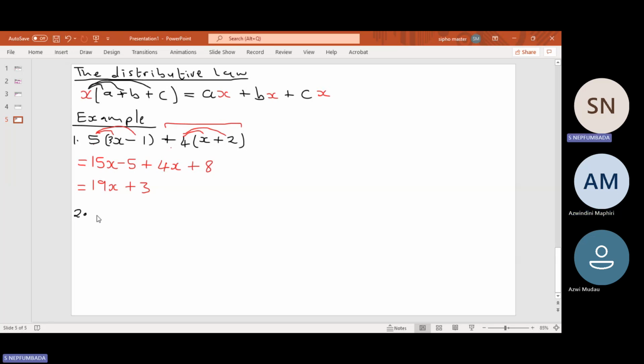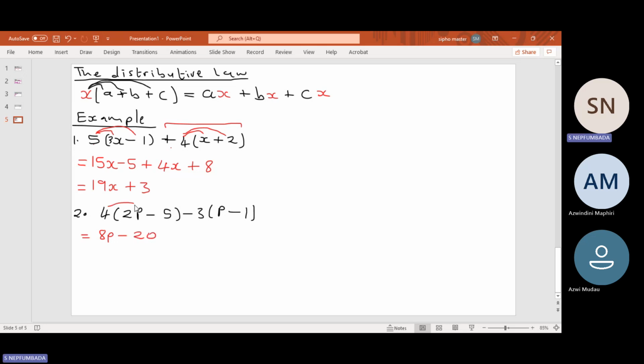Let's take number 2. On number 2, we've got 4 into (2p minus 5) minus 3 into (p minus 1). When we simplify this, 4 times 2p is 8p. 4 times minus 5 is negative 20.